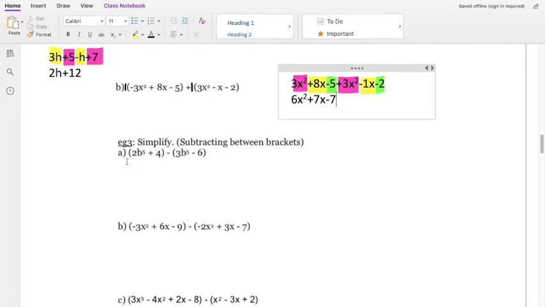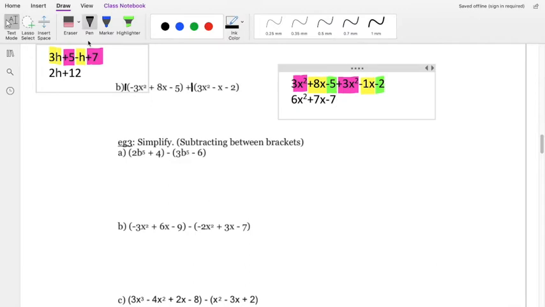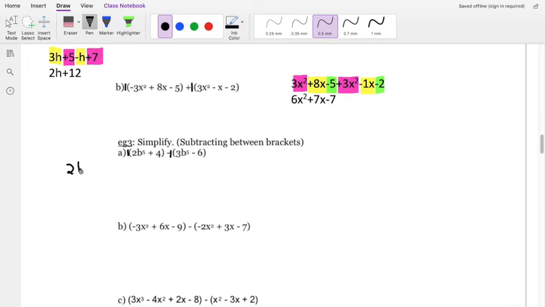So let's do this one here. So simplify the subtraction between the brackets. So if you remember, there's 1s here. Now, positive 1 outside of here, so nothing's going to change. Let's try this. The 5 plus 4.